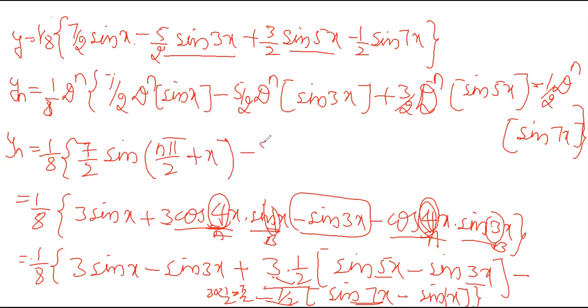Then minus 5 by 2 as it is. Then here sin 3x means 3 to the power of n into sin of n pi by 2 plus 3x. Okay, next second one. Next, third one, 3 by 2 is there.